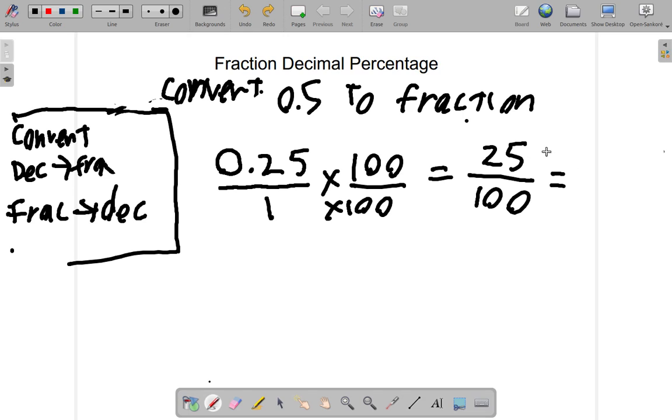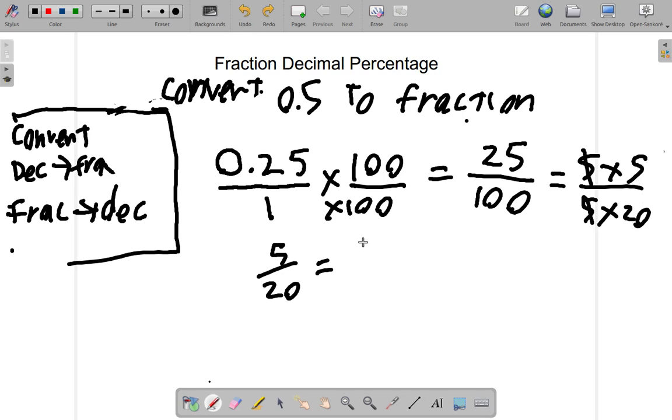Or you can cancel down with 5. 25 is actually 5 by 5, 100 is actually 5 by 20. So 5 cancels 5. I end up with 5/20th. But 5 is 5 by 1 and 20 is 5 by 4. 5 cancels 5 again and I have a quarter. So 0.25 as a decimal is the same as a quarter as a fraction.